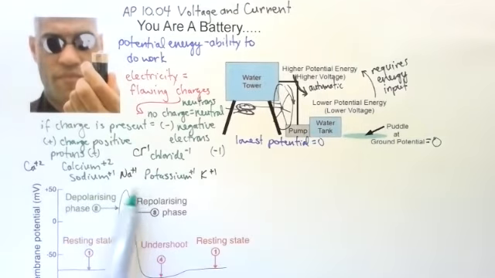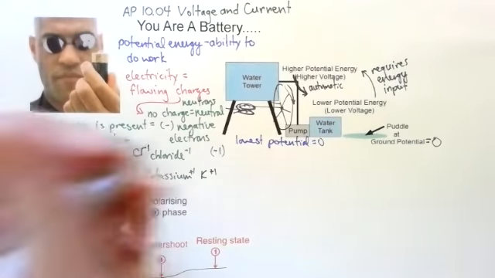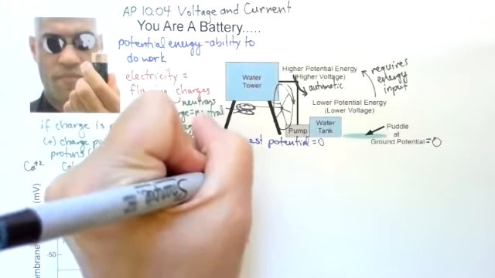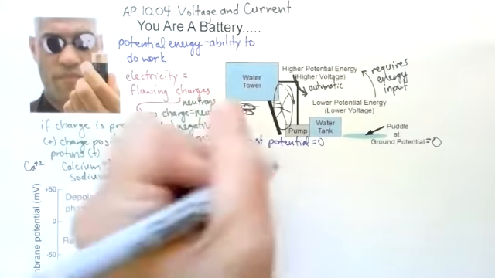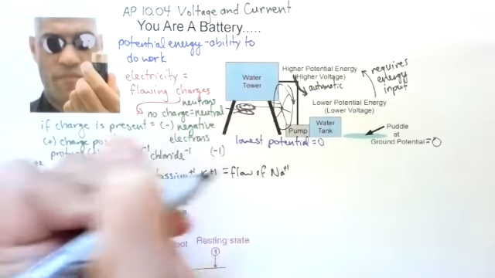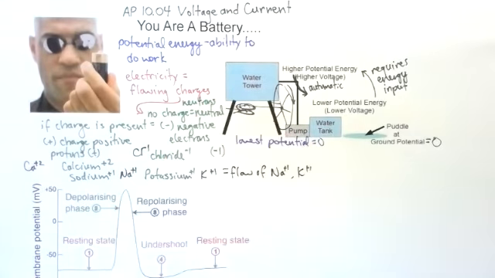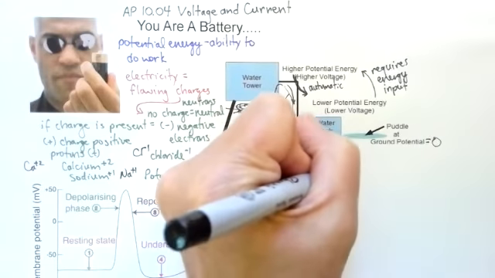So if I can cause sodium and potassium to flow, so if I have a flow of Na +1 or K +1, folks, that's electricity.